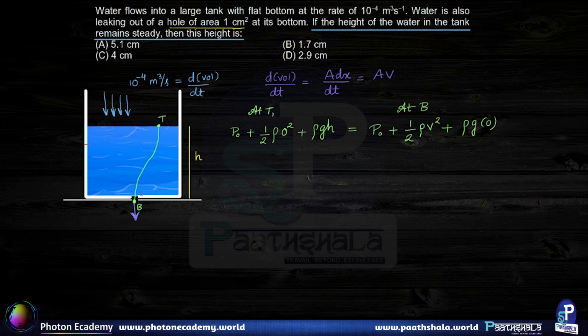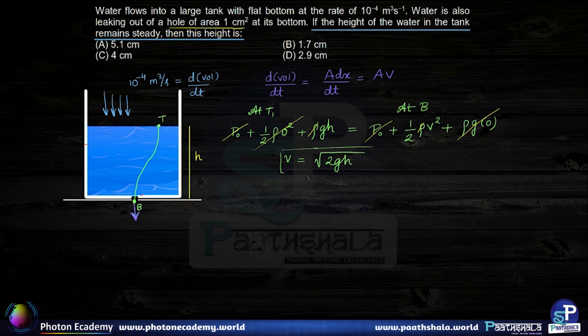Therefore, we can clearly see that P naught is getting cancelled, and this term is 0 and this term is 0. From the remainder of the terms, rho is getting cancelled, and we see the standard result V equal to under root 2gh, which is typically the case in many Bernoulli equation systems.